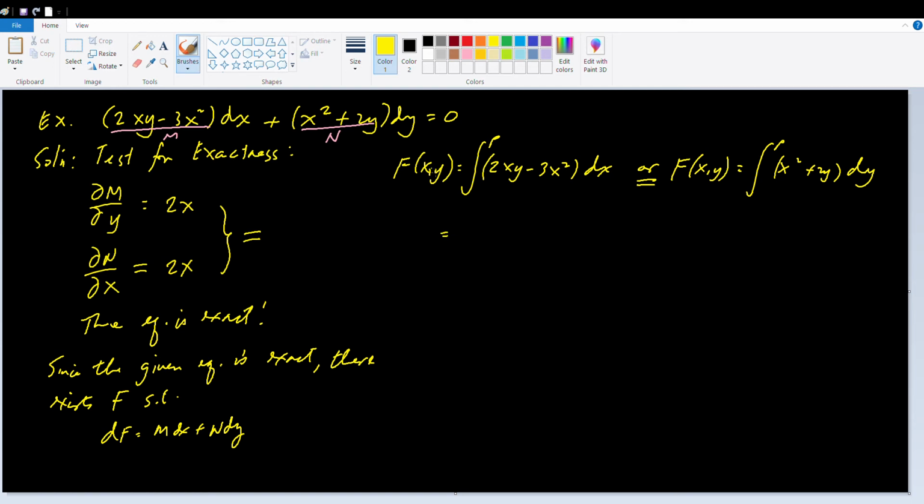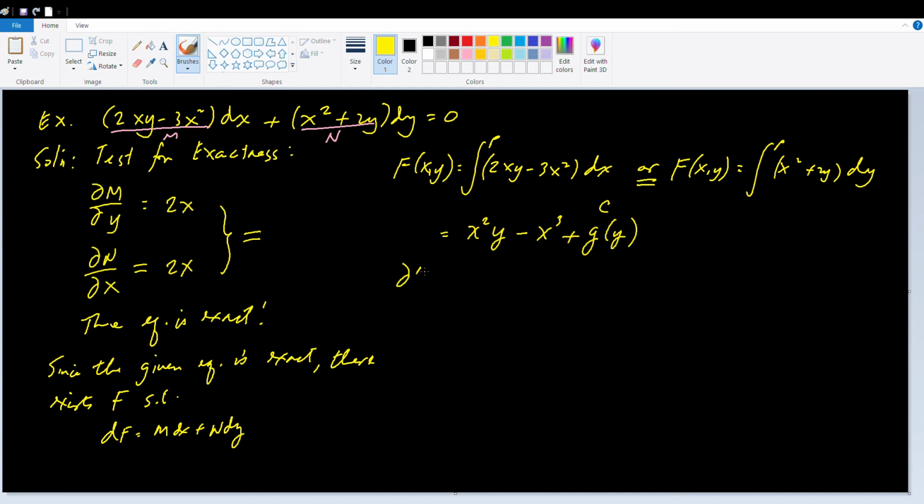If we stick to the partial integral of M dx, we integrate 2xy with respect to x. That will give us 2x squared over 2 times y, or x squared y, minus the integral of 3x squared dx, which is 3x cubed over 3, or x cubed, plus some function g of y. Because we are integrating partially with respect to x, our constant could be a function of y.